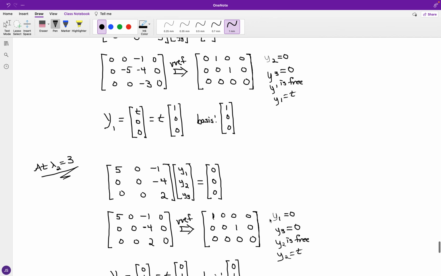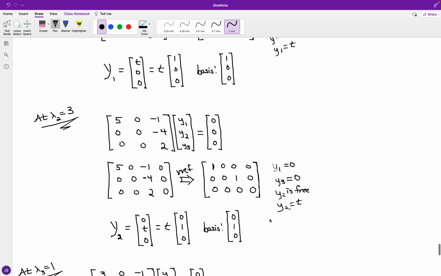And going through the same process with the second eigenvector, for the determination of the second eigenvector, we let lambda sub 2, the second eigenvalue, be 3. Going through the motions and putting it in reduced row echelon form, the top row signals that we have y sub 1 equal to 0.